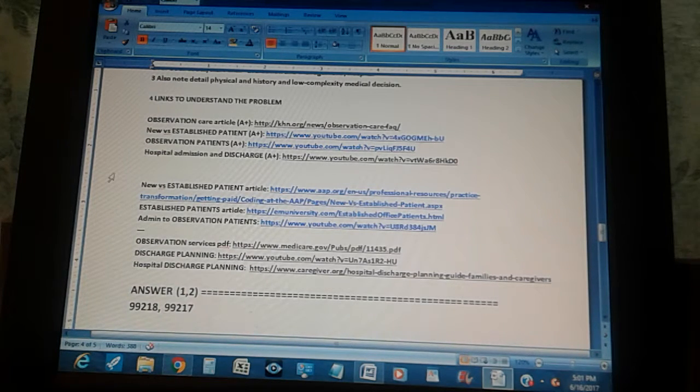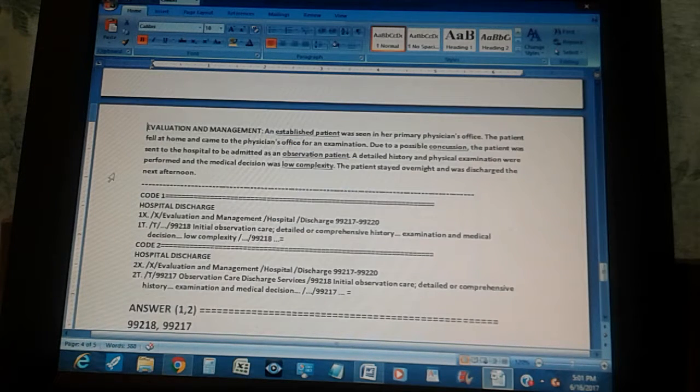Okay, so now we're going to count to 3 so you can give us the path, how we got to the answers. 1, 2, 3. Okay, the summary of the problem: the evaluation and management section of the CPT book. It's an established patient who was seen in her primary physician's office. The patient fell at home and came to the physician's office.